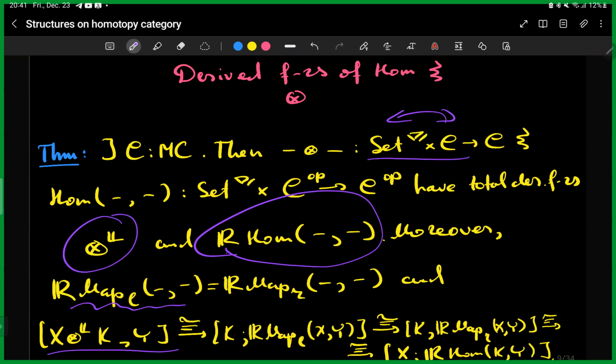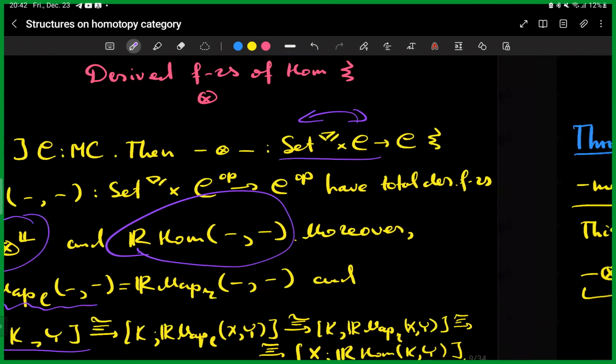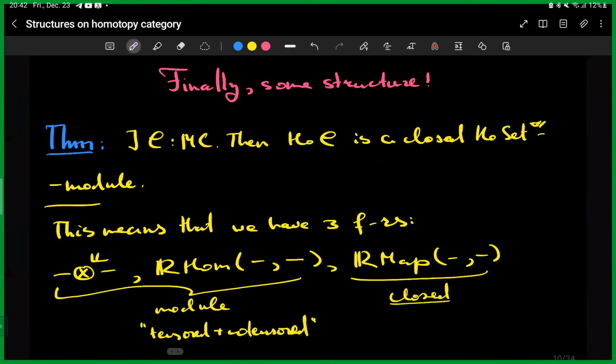And then we have an isomorphism because we have the tensor-hom adjunction, which comes from the adjointness of tensor product and hom. Okay, so we arrive at our first structure, the structure for the homotopy category of an arbitrary model category.